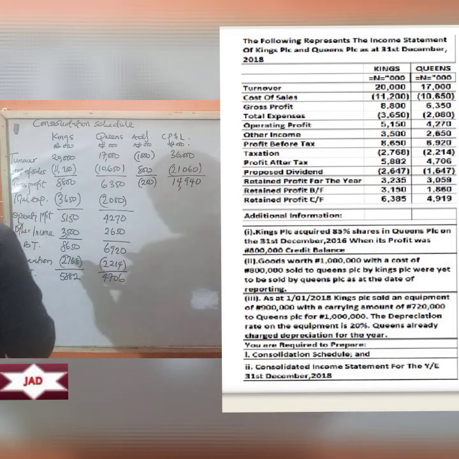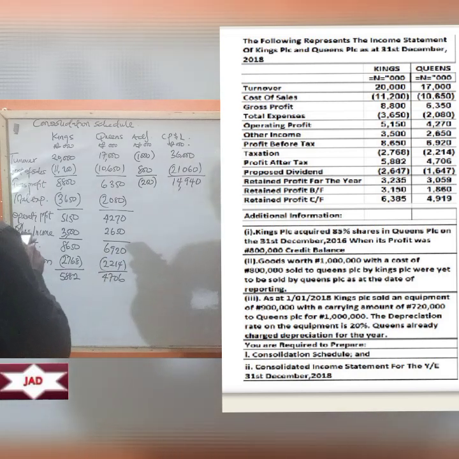We'll check it this way. What do we have? 8,800 plus 6,350, minus 200. Hold on, 11,200 plus 10,650 minus 800.